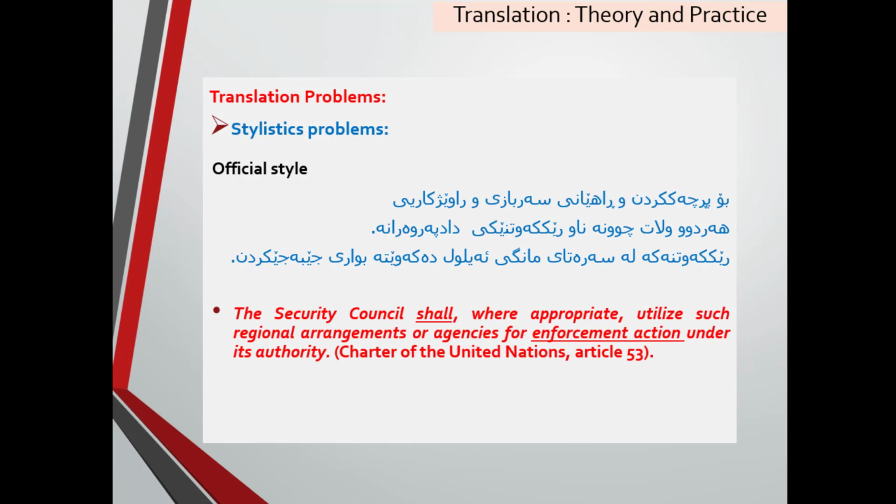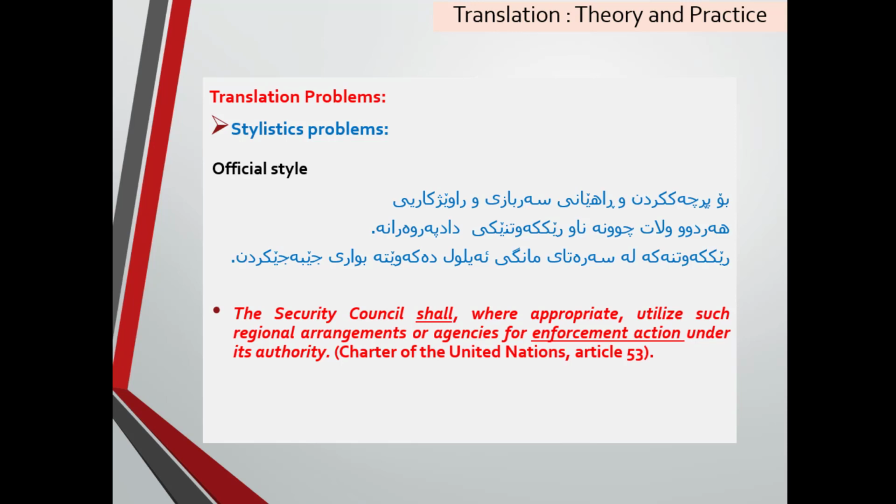Look at the language, look at the codes, look at the features. Let's consider the use of shall here. Shall is used, not will, because it is formal and it does not include any kind of promise, but it will do that.